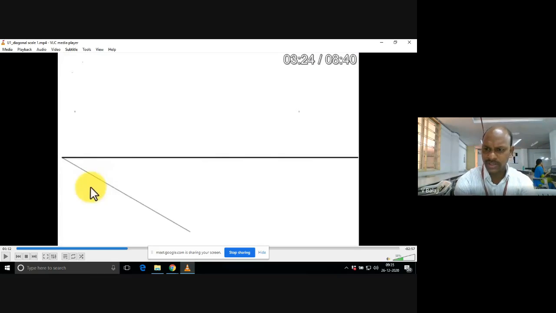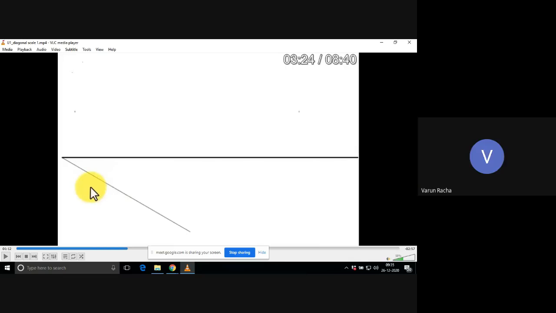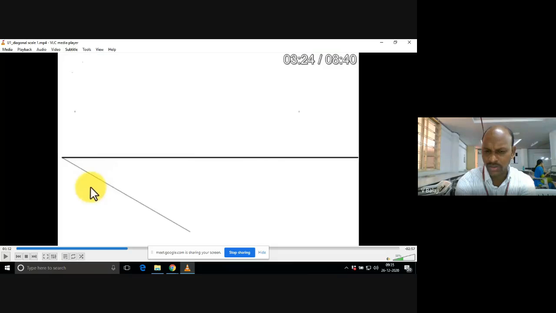If you divide this length into 10 equal parts, each part will be how much value? Don't say 20 by 10 is 2. What is the meaning of this 20 centimeter in the actual real problem? What does this length represent? 10 kilometers.